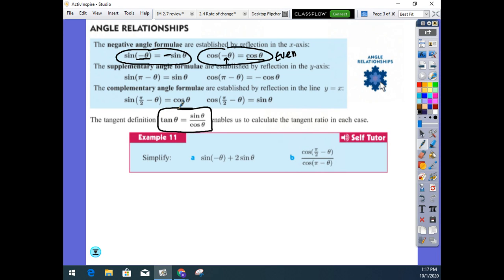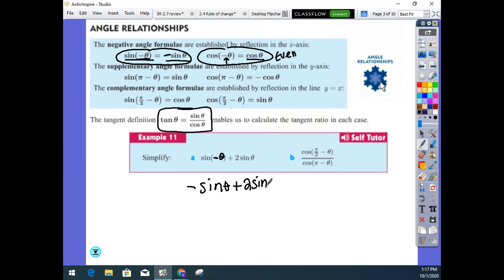Tangent equals sine over cosine. We've talked about this one multiple times. Okay, so anytime there's something with theta inside, you're going to have to do something to simplify it. You can never just leave it like that. So if we look up here, sine of negative theta equals negative sine theta.